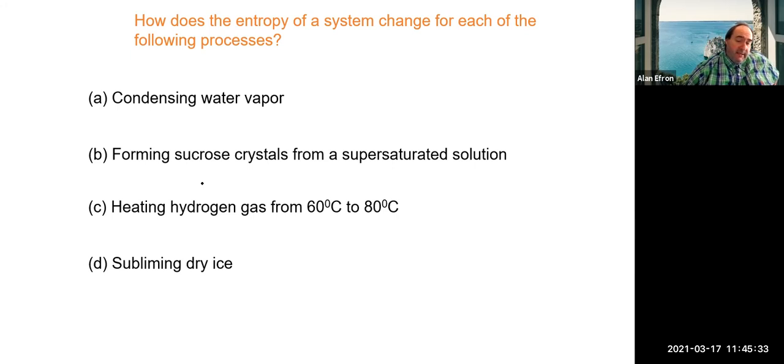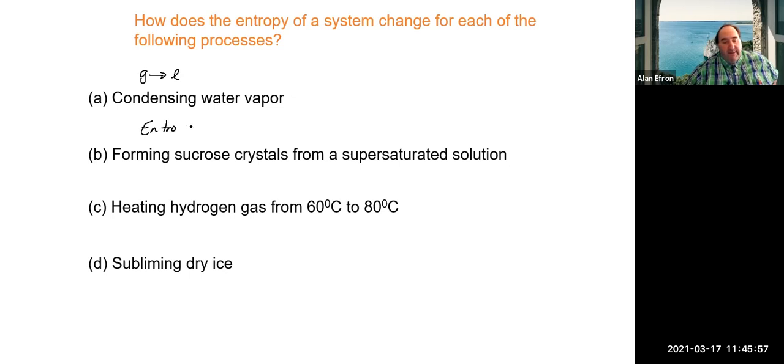Condensating water vapor: condensation basically means that we are going from gas back to liquid. So we're going from a system where we have molecules flying around to a system where they're not flying around so much anymore, in the liquid state. We would expect the entropy here to decrease.